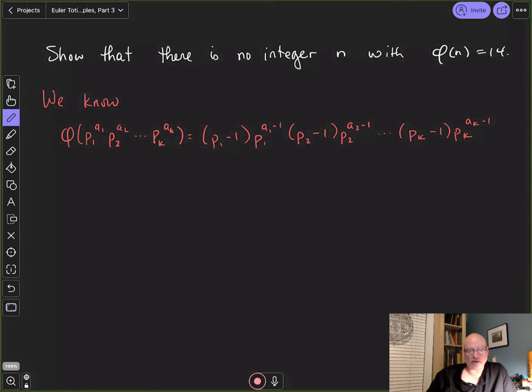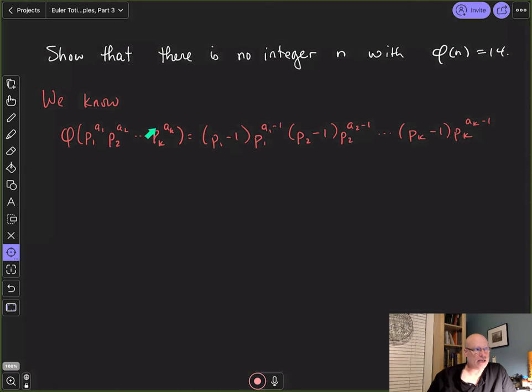What I've done, and you should have seen this work in the book by now, is write out the full version of the phi function. Now we're looking at how this works for composite numbers. Any composite number can be broken down into its prime factorization, and that's what this formula gives us.